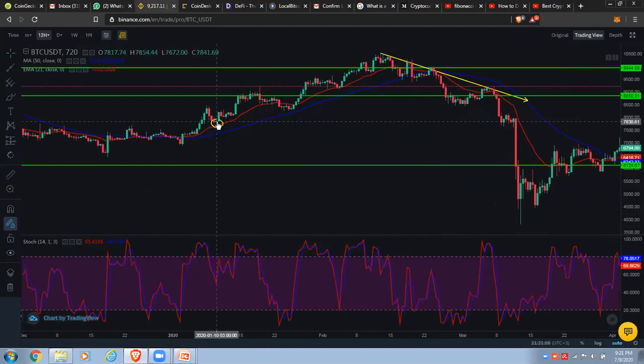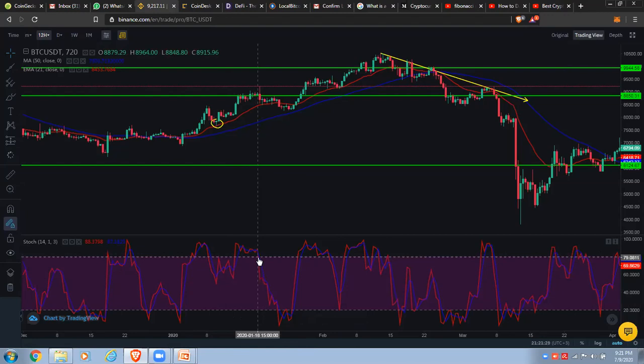So this is the place I have bought. I have bought at this area. The price right now is overbought and can remain overbought for such a long time. I would wait until it is somewhere overbought, losing momentum to the downside.